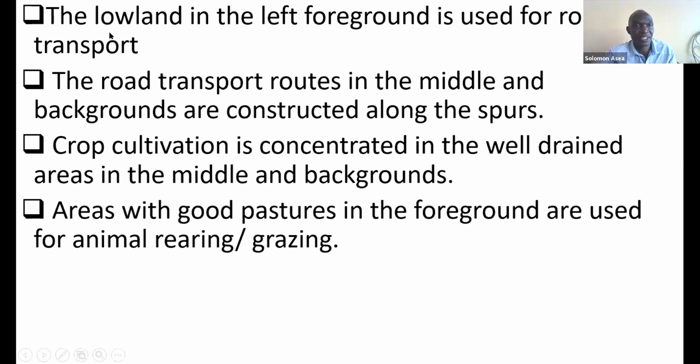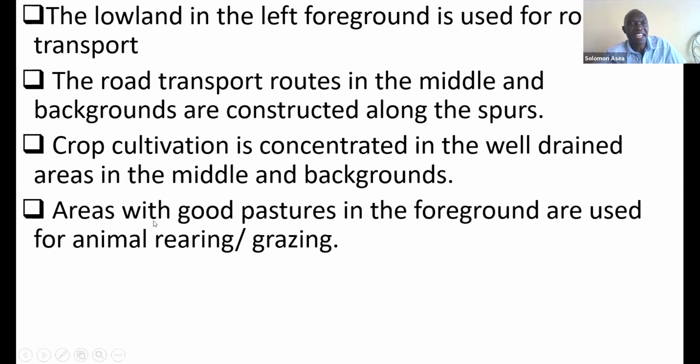So the activity, crop cultivation, is located in the background and in the middle ground.